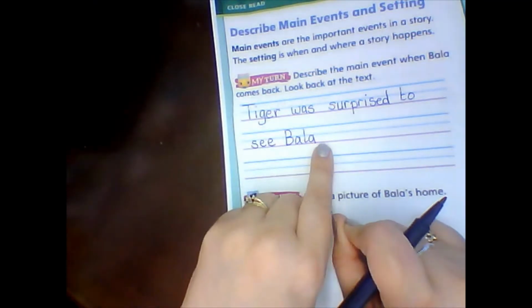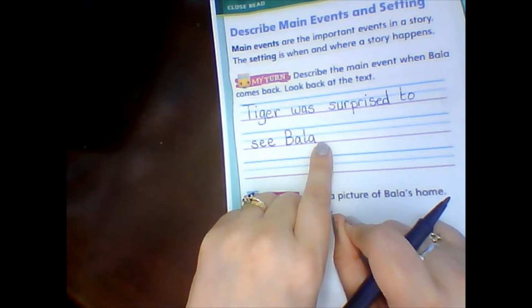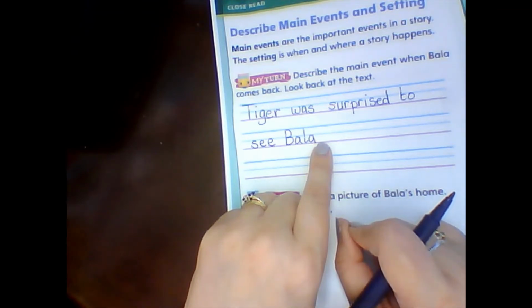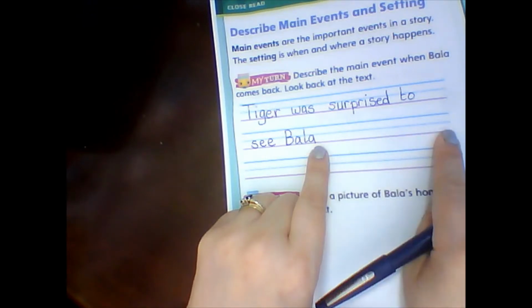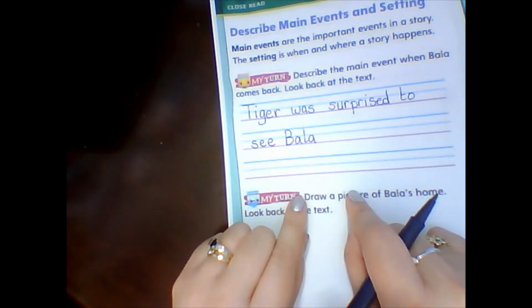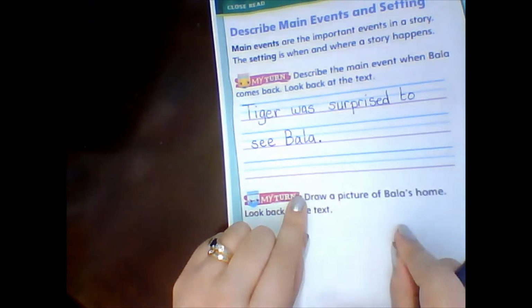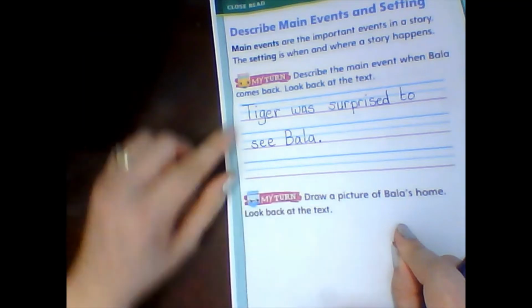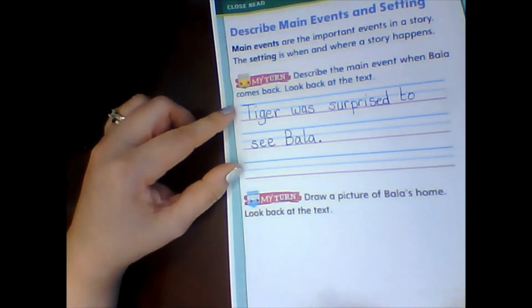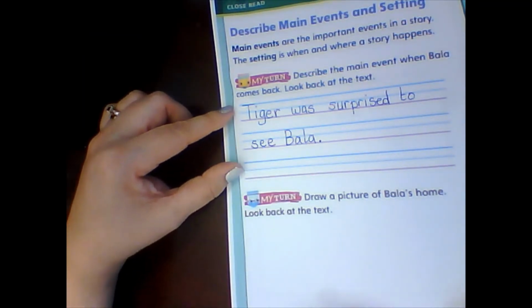What do I need to put at the end? Do I put a question mark? No, it wasn't a question. Do I put a comma? No, because I'm not going to keep writing. So what do I put? I put a period. Good job, everybody. So that's your answer for the main event.